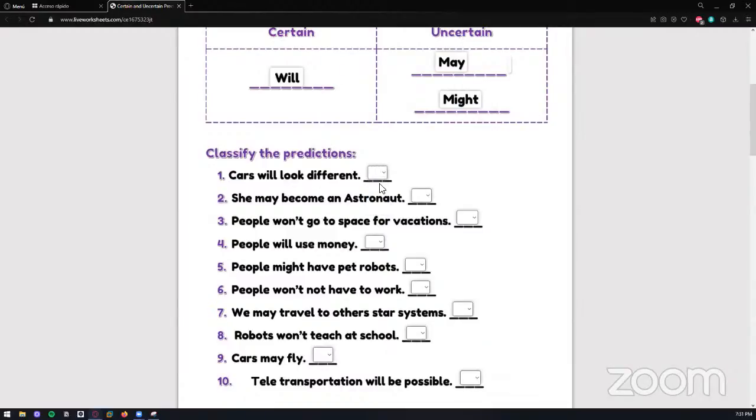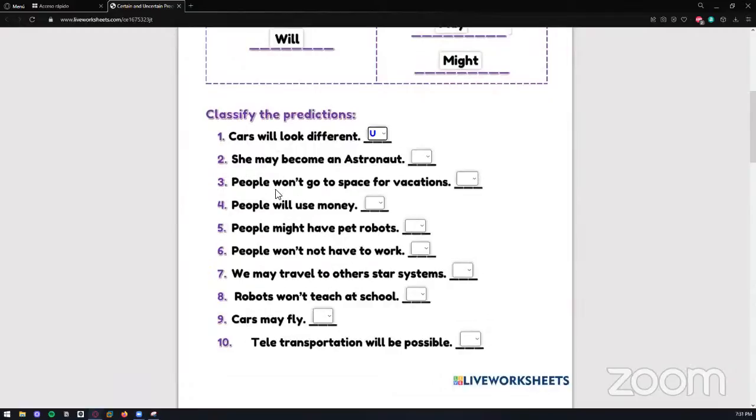Cars will look different. Uncertain. All right. She may become an astronaut. Uncertain. All right. People won't go to space for vacations. Certain. People will use money. Certain.